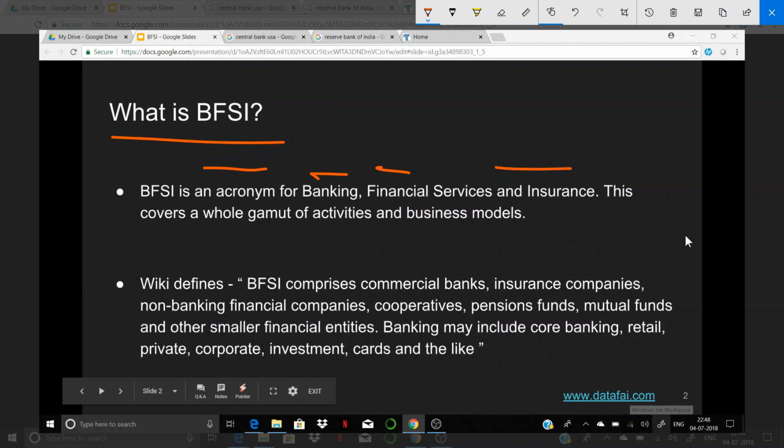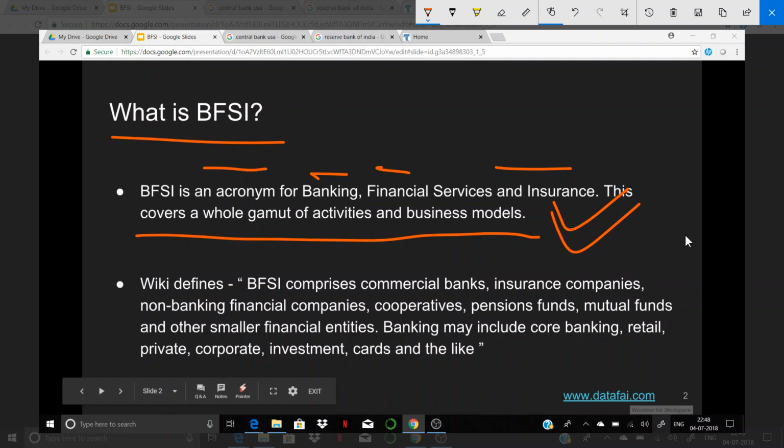So as you can see from the name itself, this covers really a wide variety of activities, products and services, and different customers, different models. So it'll be very appropriate to say that this includes a wide gamut of activities and business models. And we'll be looking at some of them today in our discussion. It's coming up down the road.